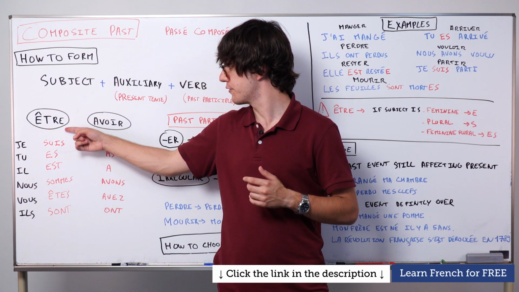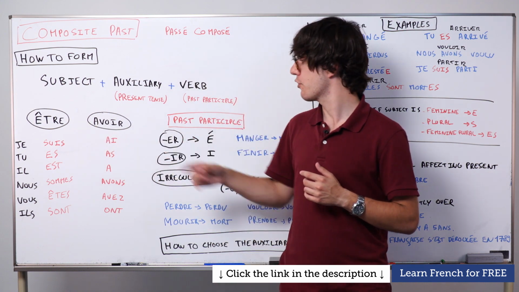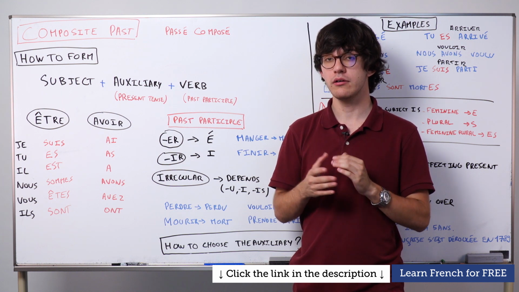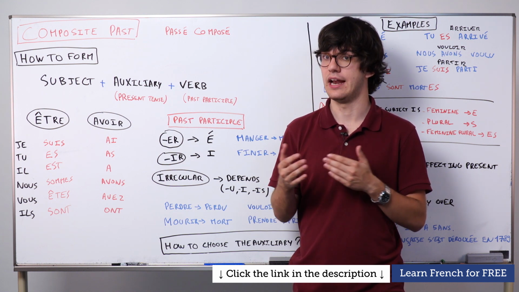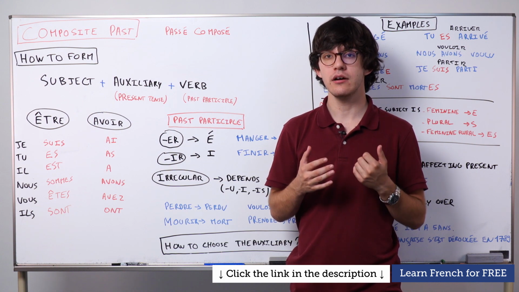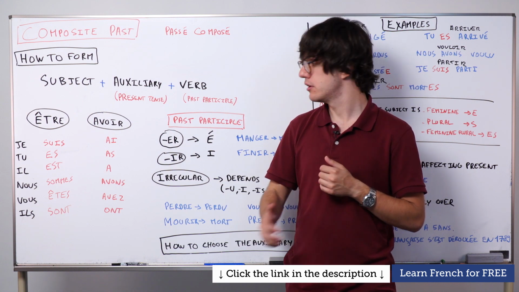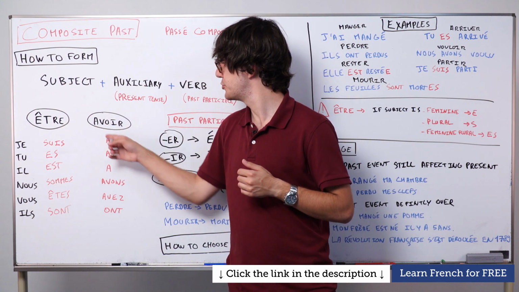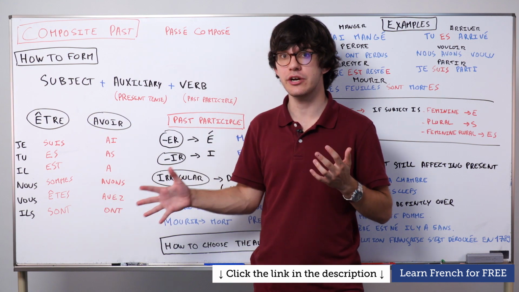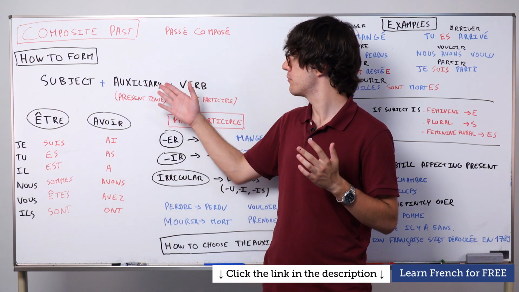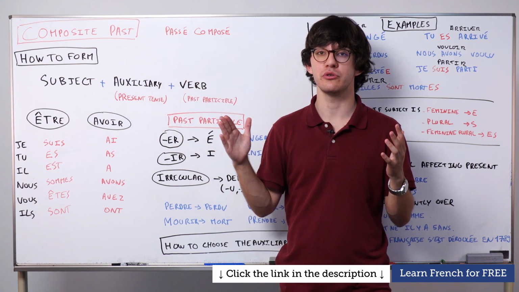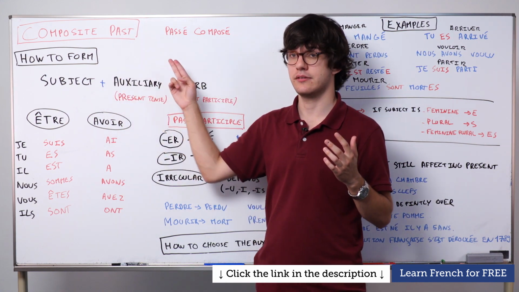And then for avoir, to have: j'ai, tu as, il a or elle a, nous avons, vous avez, ils or elles ont. So you need to remember those two auxiliaries. If you know only those two auxiliaries, you've done half of the way. You know half of what you need to know to create the composite past.